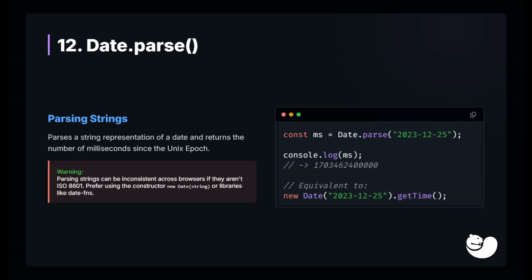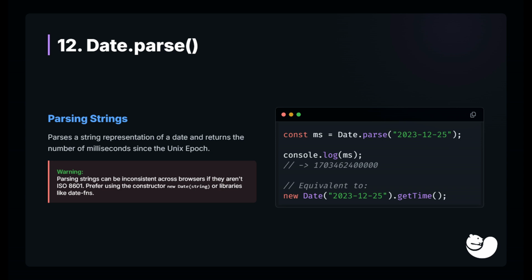Finally, we address the common task of converting a string back into a timestamp. The Date.parse static method attempts to read a string representation of a date and return its Unix timestamp. While it works reliably for strict ISO 8601 strings, it can be unpredictable with other formats depending on the browser implementation.